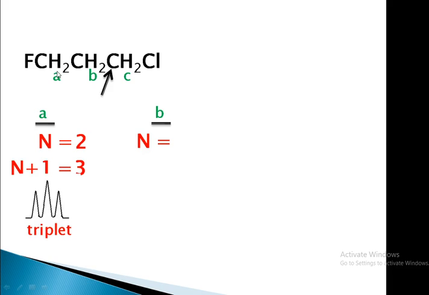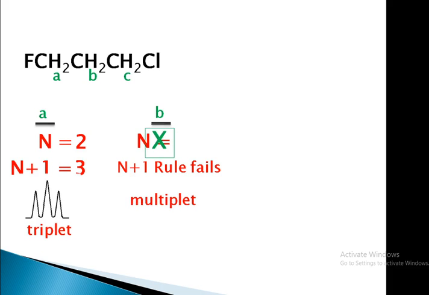This is not equal. This is A and this is C. So in this case, we cannot consider the n plus 1 rule. Here the n plus 1 rule fails. We cannot apply the n plus 1 rule, because this B type hydrogen has two neighbors, and they are different. In such cases, we cannot predict what will be the splitting. We cannot count the number of peaks. So we consider the splitting will be a multiplet. Ultimately we get a multiplet.